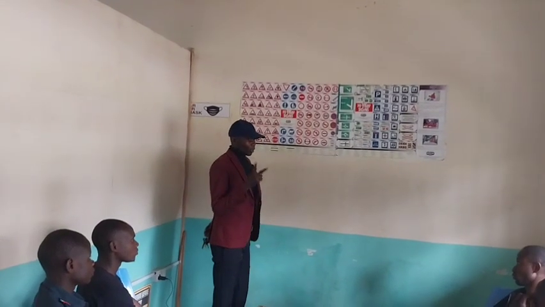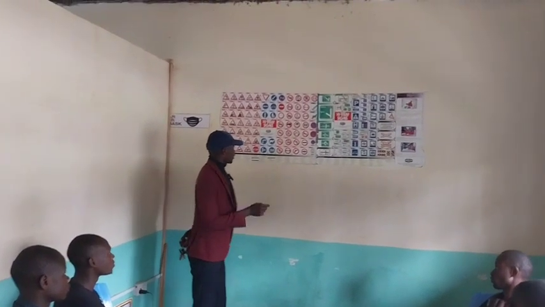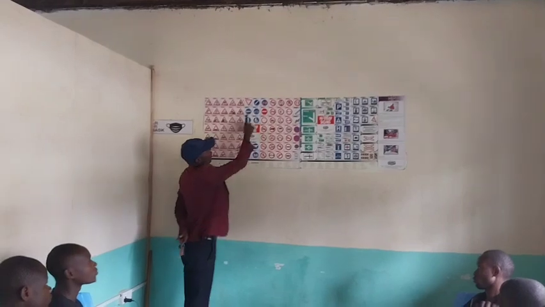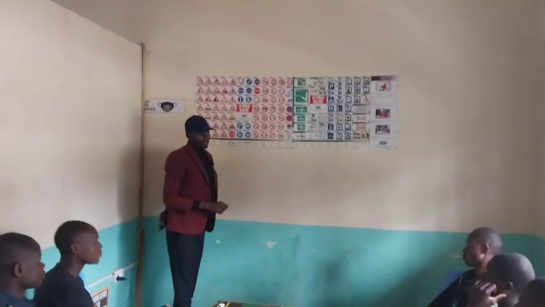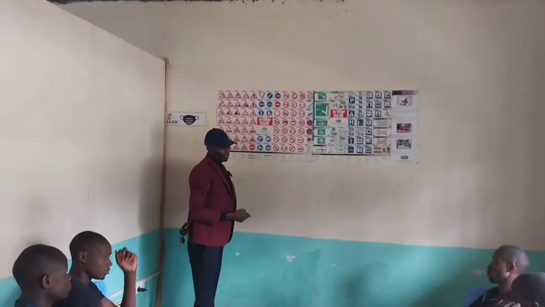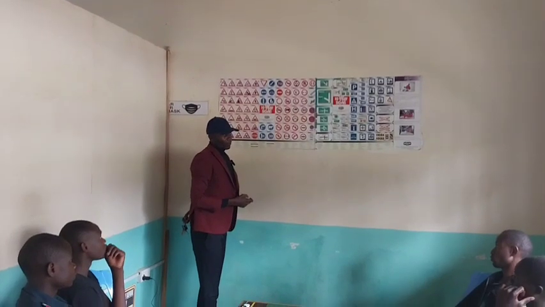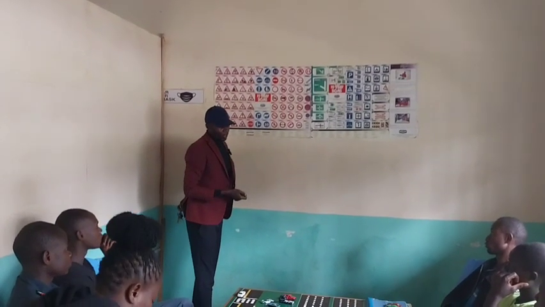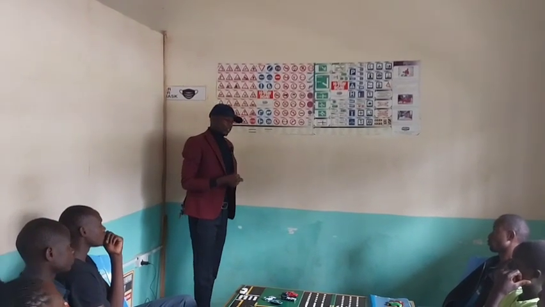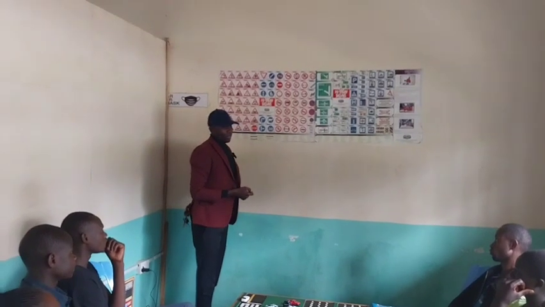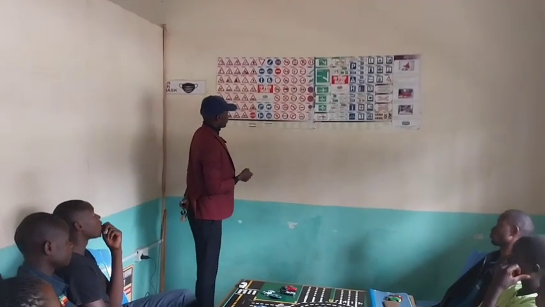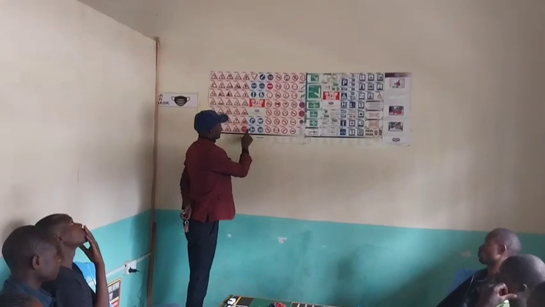So we have only two signs under priority signs, that is the stop sign and the give way sign. At times we can call them special signs or important signs. Are we together?